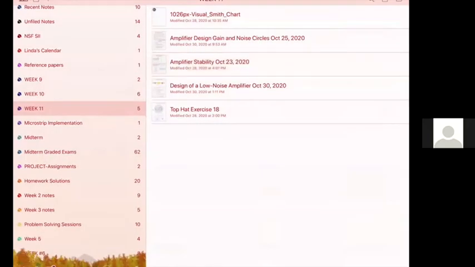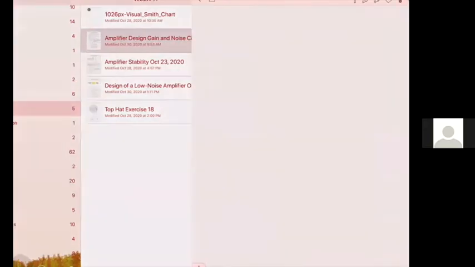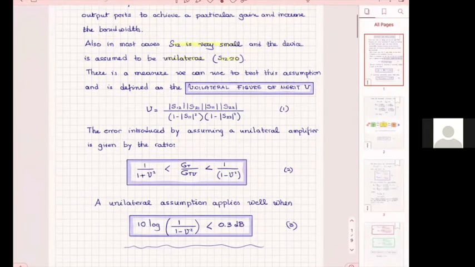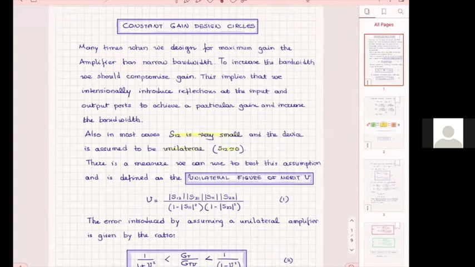Okay. If we don't have any other questions, last time, if you remember, we talked about the following issue. The first thing is stability. If your transistor has values that will never make either or both, in fact, gamma in and gamma out less than 1, then it can never become an amplifier because it's always going to oscillate.